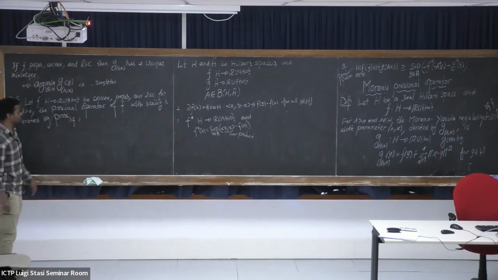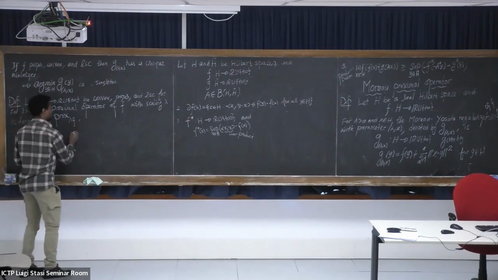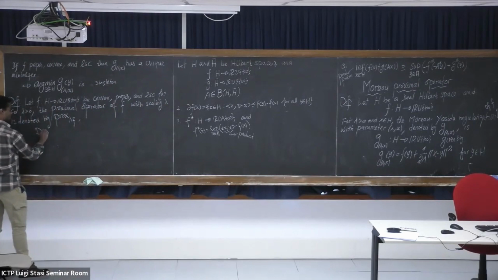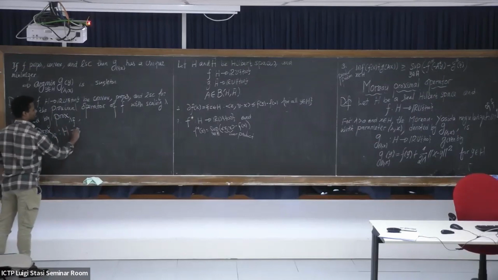The proximal operator of f with scaling lambda is a self-mapping.